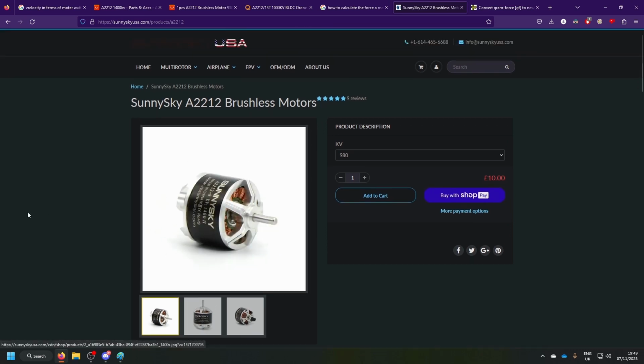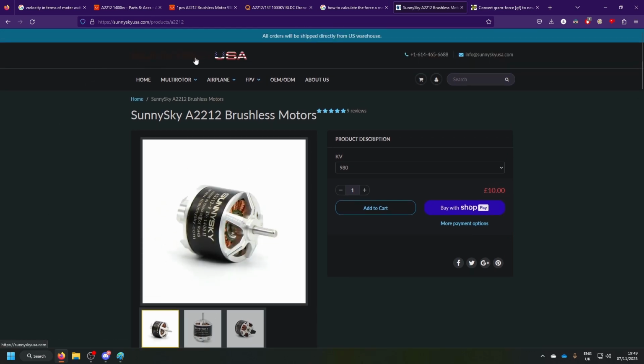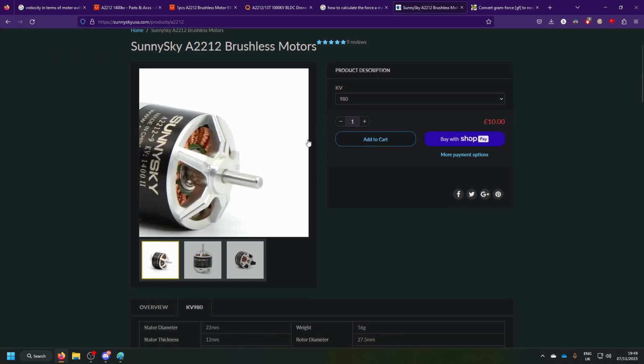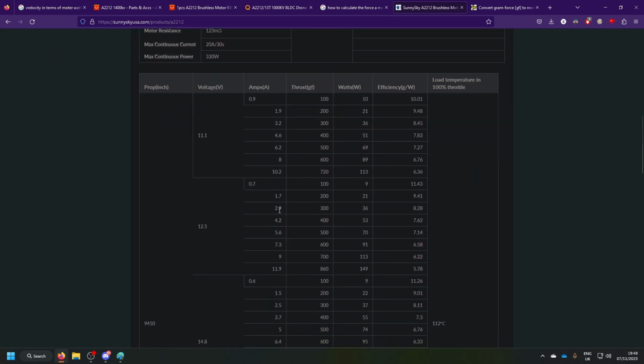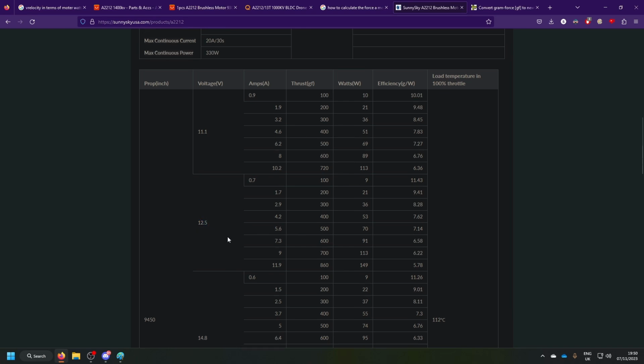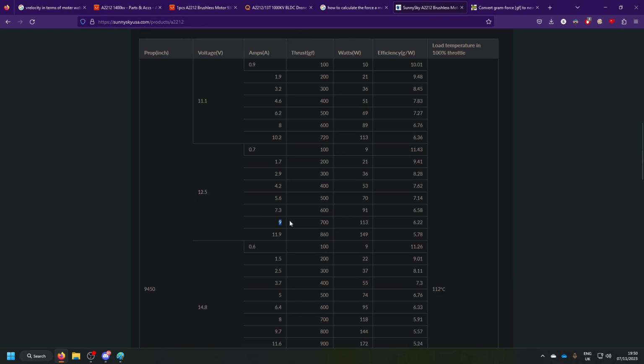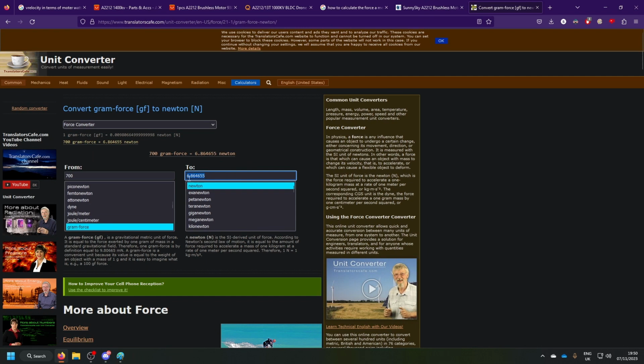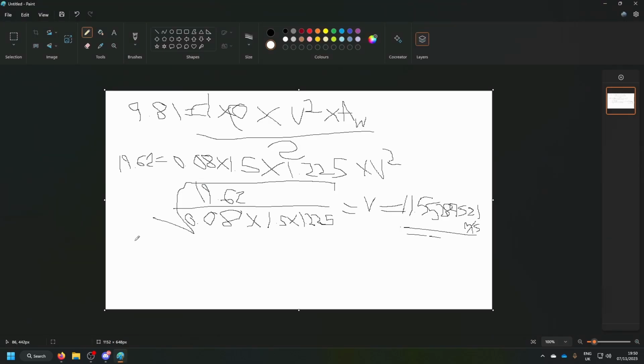So we have found on this website, Sunny Sky USA, for only the low price of £10, this A2212 brushless motor, which, if we run it at 12.5 volts and a current of 9 amps, produces a gram force of 700, which in this converter is 6.8644655 newtons. So like 6.86. And we want to make our plane weigh 1 kilogram.